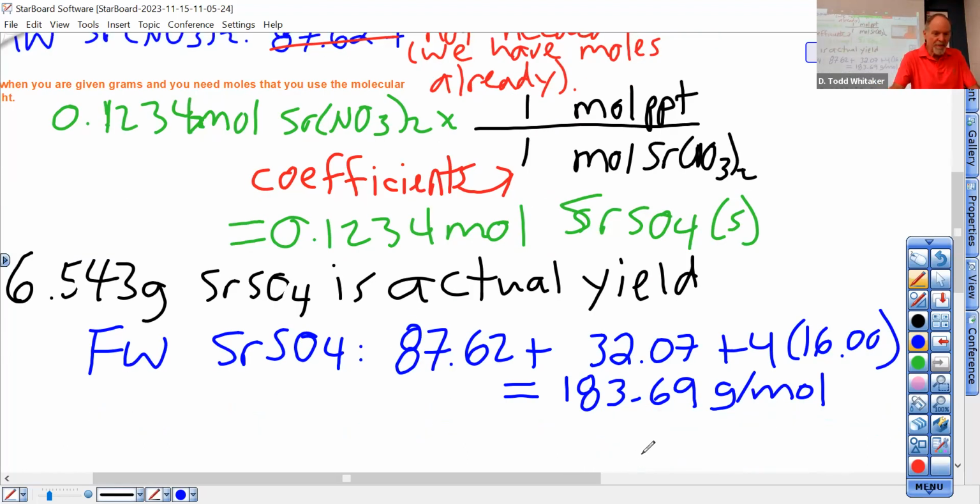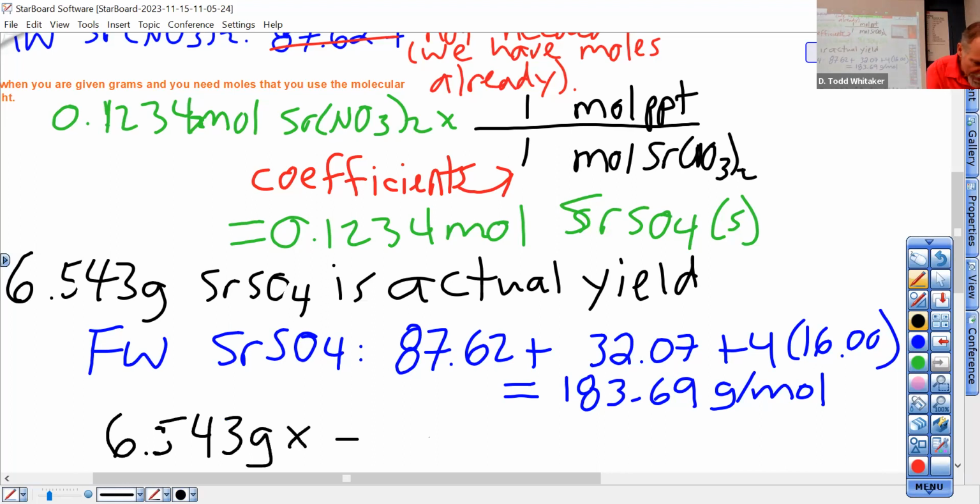No, you must use the molar mass of only that chemical. It's the only relevant molar mass for this question because we have moles of it and we have grams of it in another part, and we better use the right formula. Okay, it worked out. Nice. So you want to get the grams to be moles? It doesn't matter. They're both good. 6.543 grams times something that gets rid of grams gives me moles.